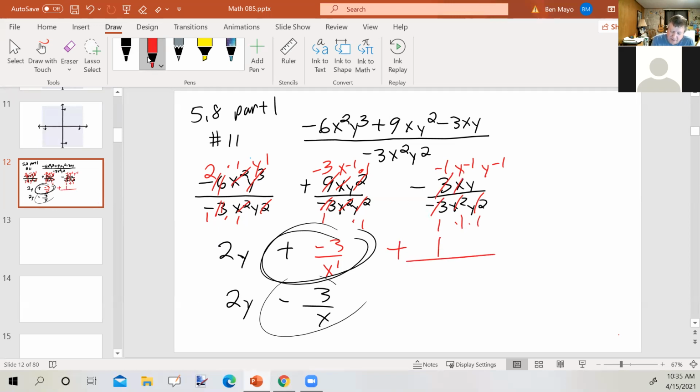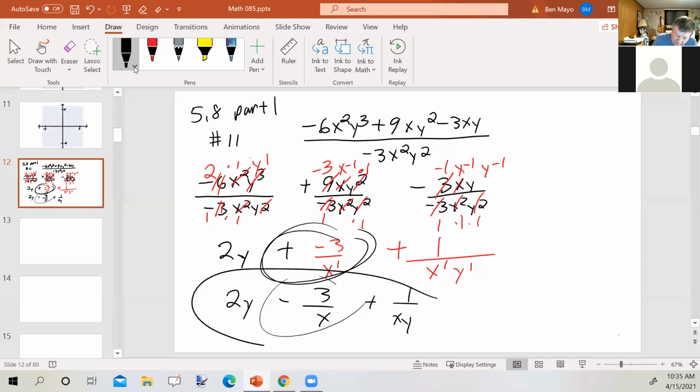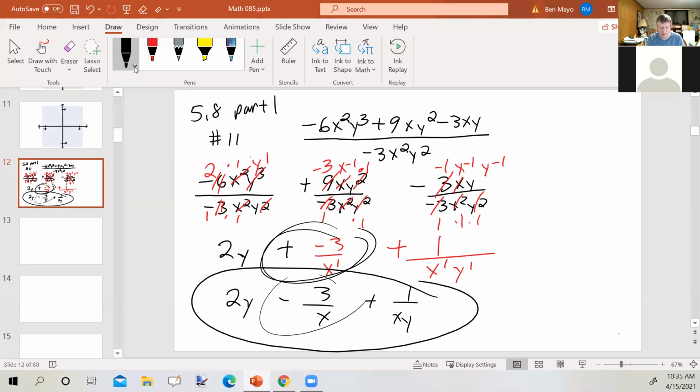But I'm going to take x to the negative 1 and put it on the bottom and make it x to the positive 1, and y to the negative 1 and put it on the bottom and make it y to the positive 1. So then I get plus 1 over xy. So there's my final answer, 2y minus 3 over x plus 1 over xy.